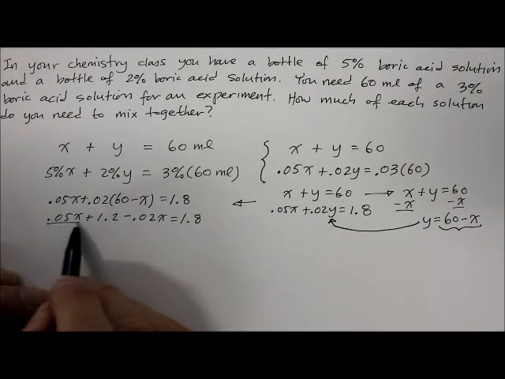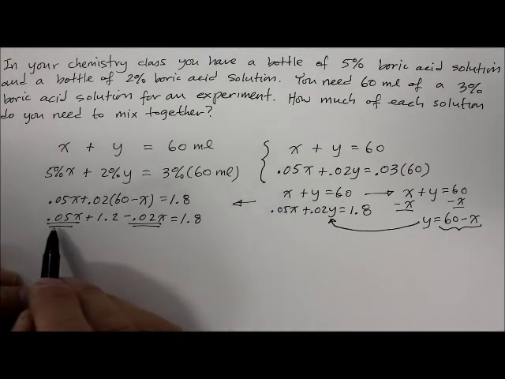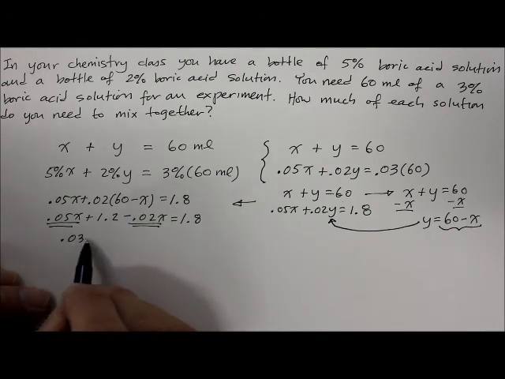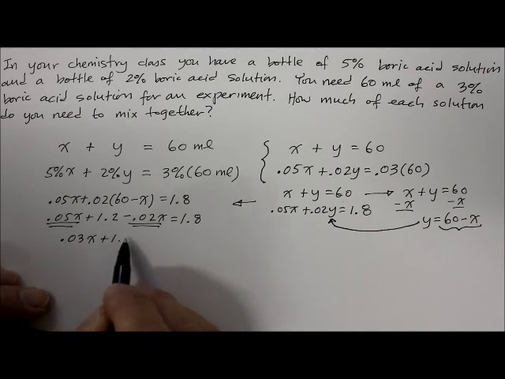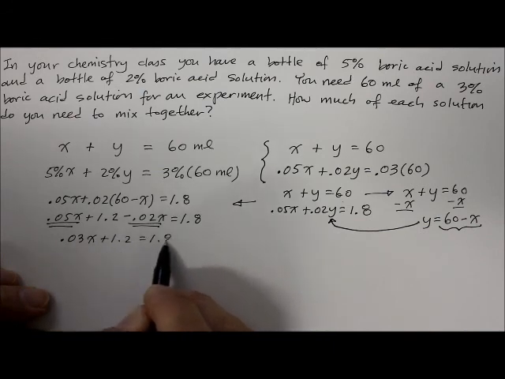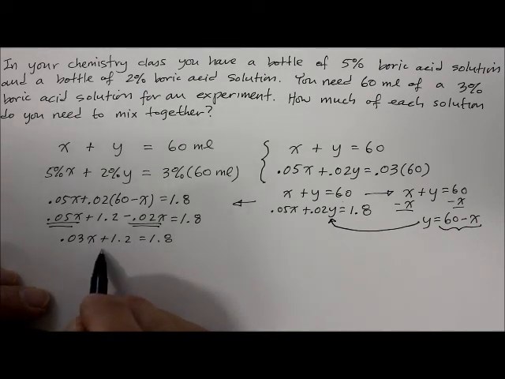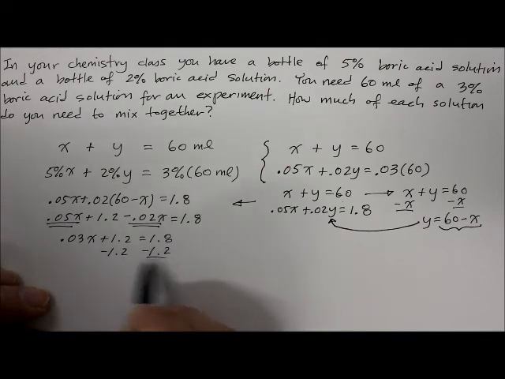Now combine the like terms. 0.05x minus 0.02x is 0.03x plus 1.2 is equal to 1.8. And we're going to subtract 1.2 from both sides of the equation to continue to solve for x. We end up with, because the 1.2's cancel, 0.03x is equal to 0.6.